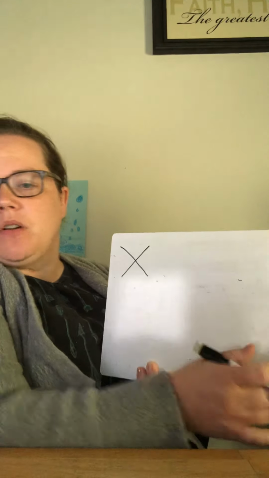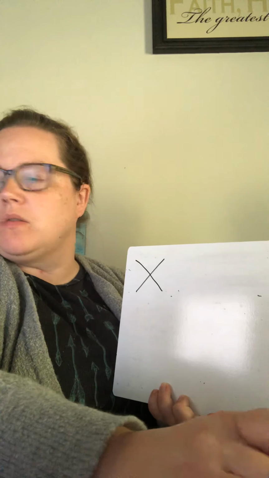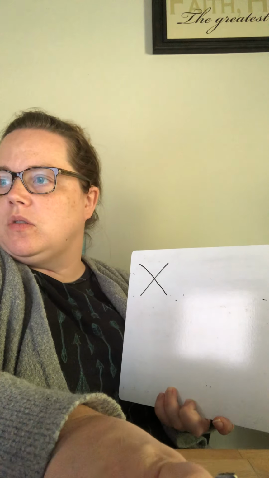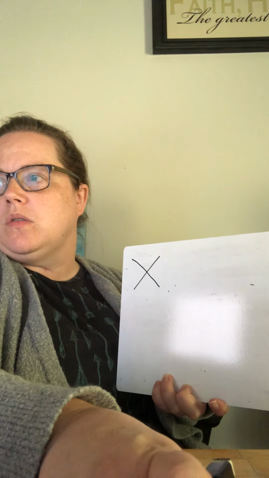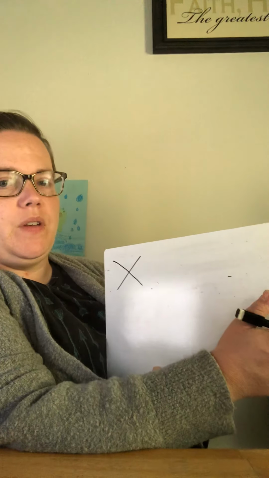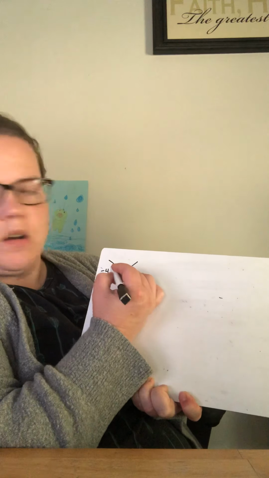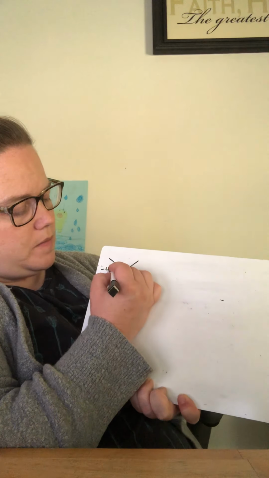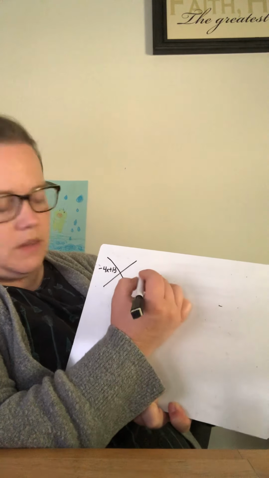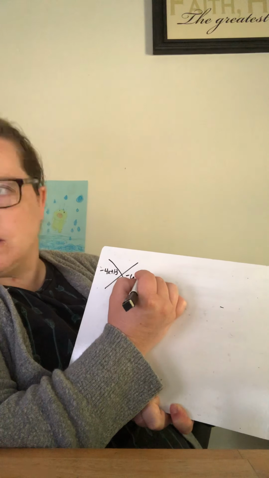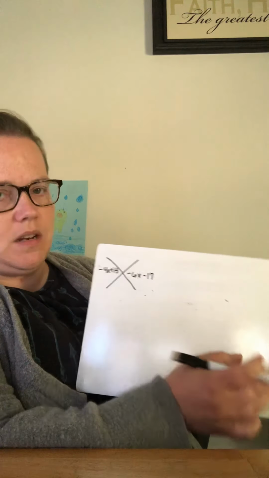So here is my vertical angle, and I'm gonna scroll down to number 15. Okay. So I've got negative 4x plus 13 and negative 6x minus 17.